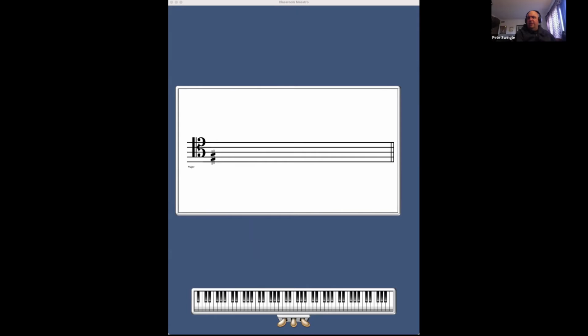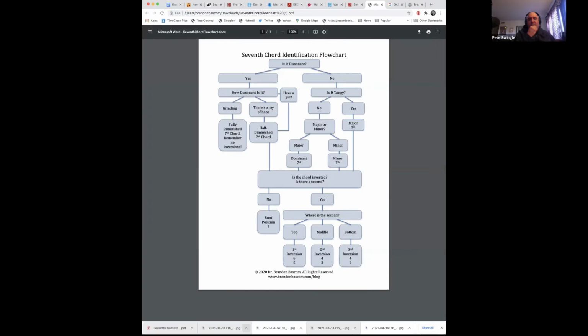Is that the half diminished? No. They've got like a minor major or something weird. Yeah. Minor major. No. Major 7. Answer me in the chat.